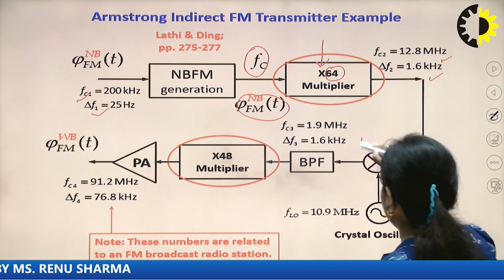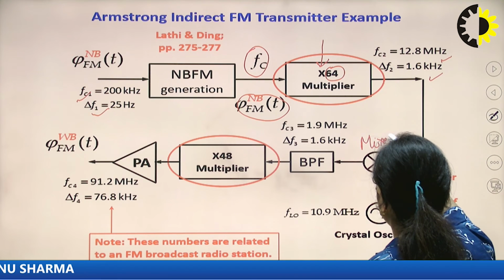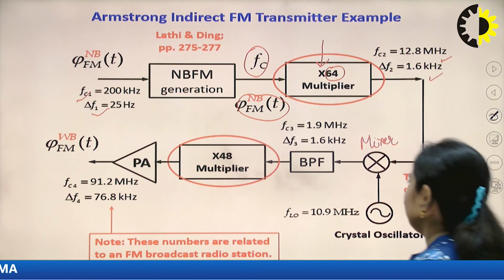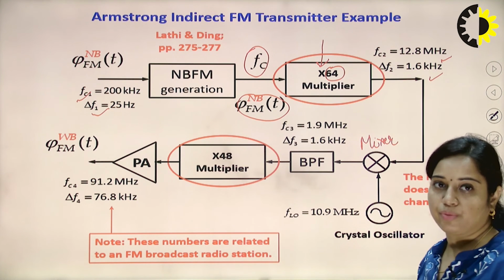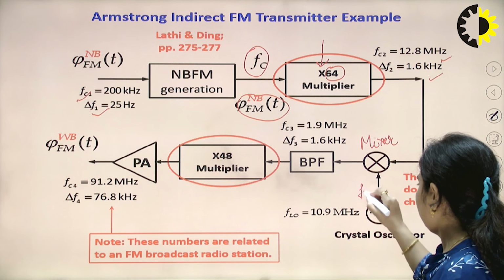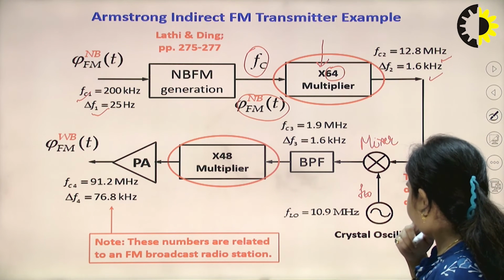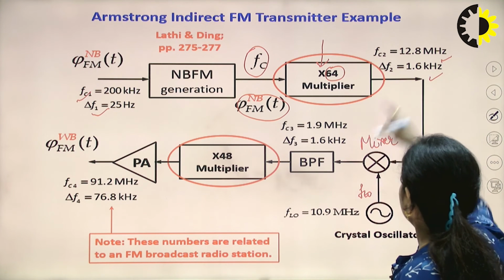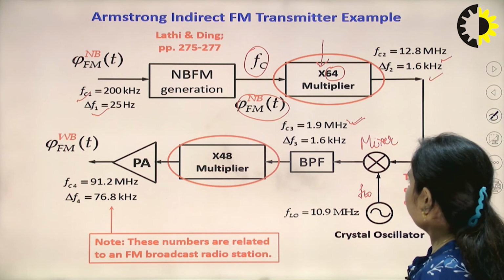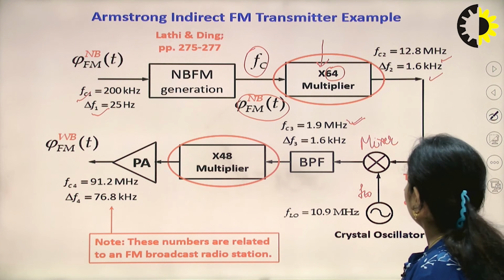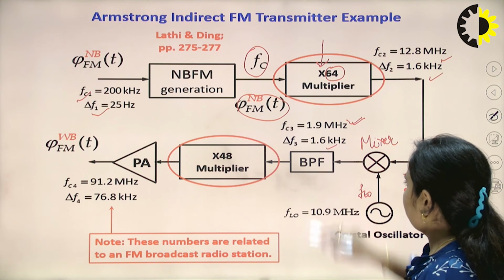This is applied to a mixer, which acts as a summation or a subtraction of the two input frequencies. This will be the local oscillator frequency, so this 12.8 will be subtracted from this. We will get 1.9 megahertz of frequency fc3, and delta f has no change.